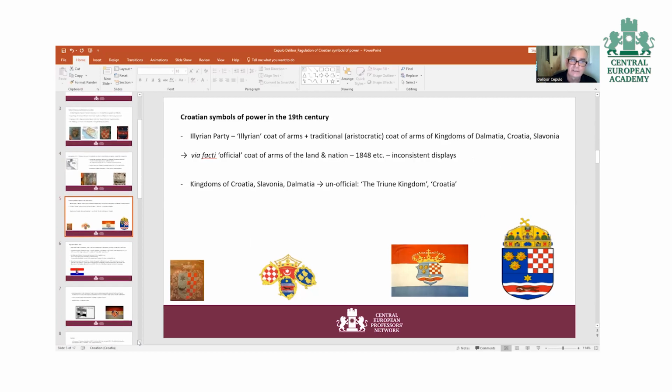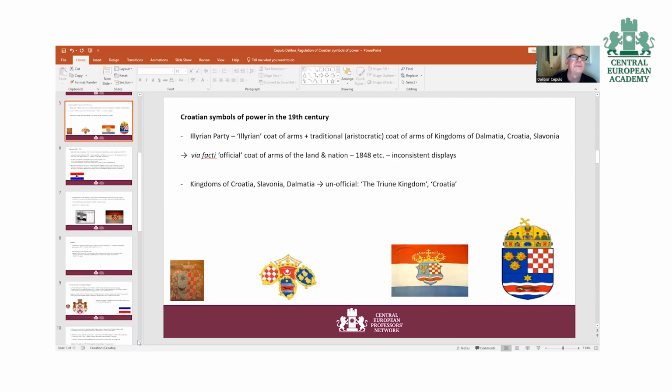this aristocratic symbol became the basis of the nation building, because the Illyrian party, which was a democratic party, had as its own symbol, a democratic symbol, and symbol of first unity of South Slavs, and then unity of these three lands, the Illyrian symbol, that is the young moon and the star.